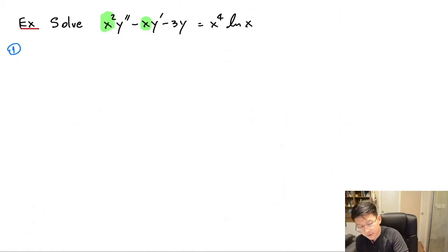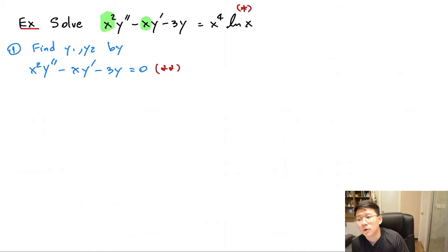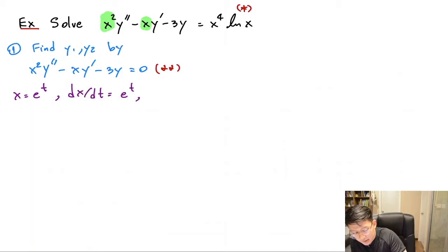Okay, so first we need to find y1 and y2 by x squared y double prime minus x y prime minus 3y equals 0. Okay, I call this equation star. I call this equation double star. Okay, so we let x be e to the t. So dx by dt is e to the t, and dt by dx is e to the minus t.